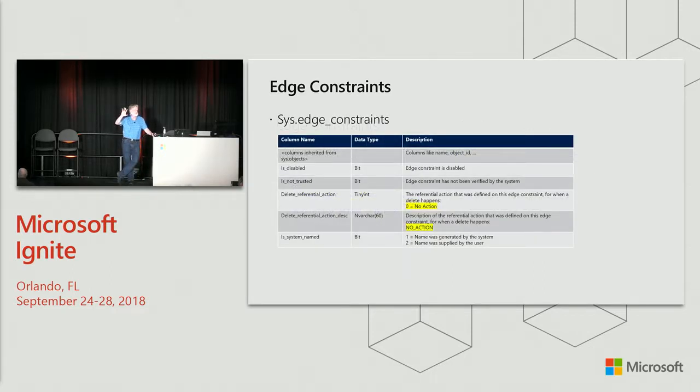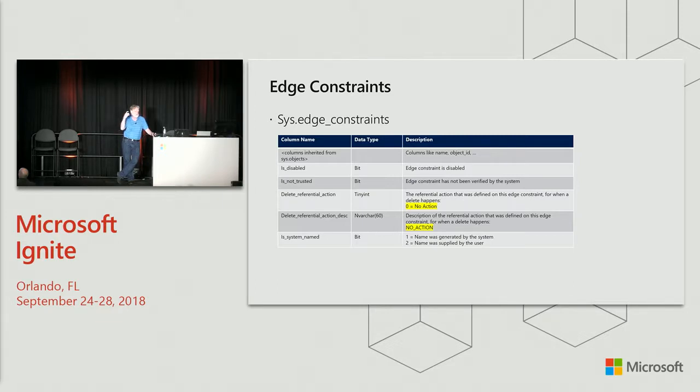There are system tables that go along with this. So you have sys.edge constraints. You have the columns inherited from the common sys.objects columns, object ID, is disabled. You can have constraints that are enabled or disabled. Is not trusted means that edge constraint hasn't been verified by the system.